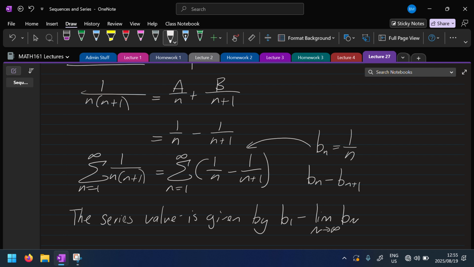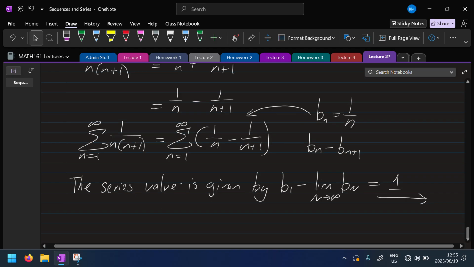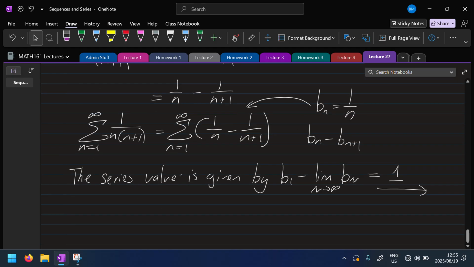The limit, you can clearly see, is just going to be 0. So this is just 1. Yeah. So the series is convergent, and the series value is 1. Okay, so that's method number 1. Let's have a look at another method. Method number 2.